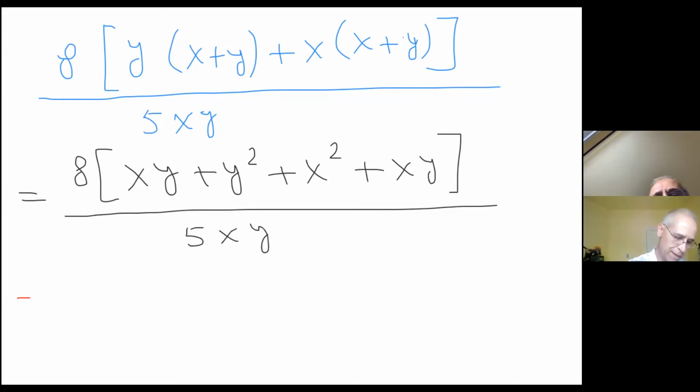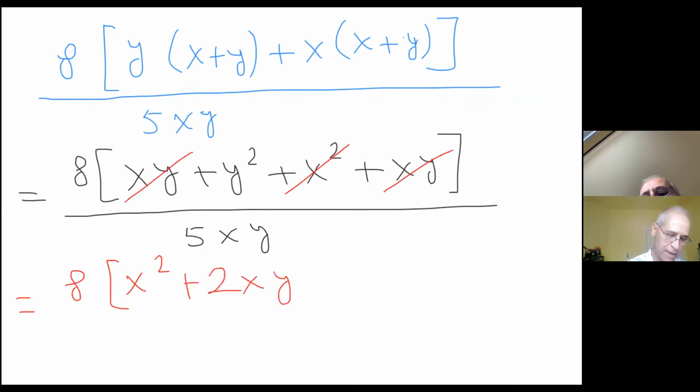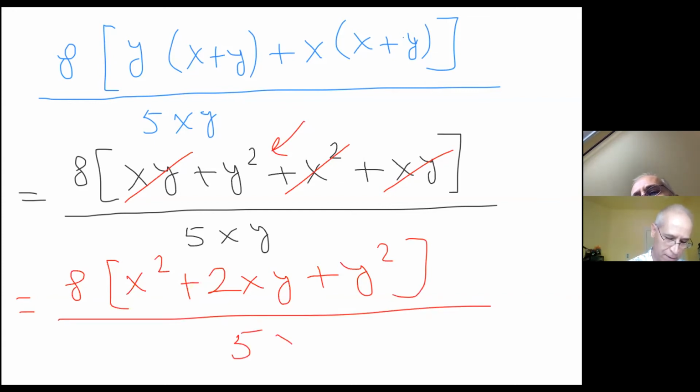And this is the same as saying 8 times, I'm going to write this x squared in front. That's my habit. And I have xy here and xy here. So I have plus 2xy. And I have a y squared in here. So plus y to the second, or y squared, all over 5xy.